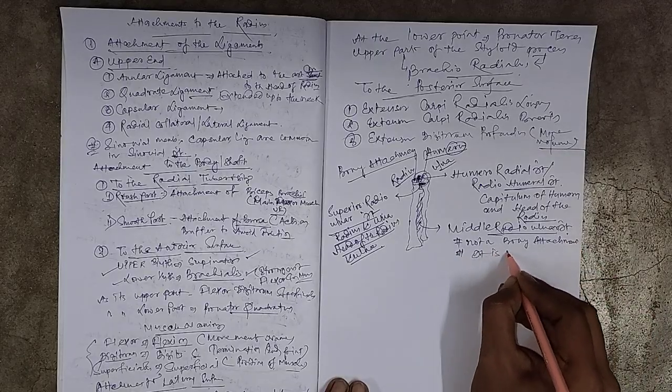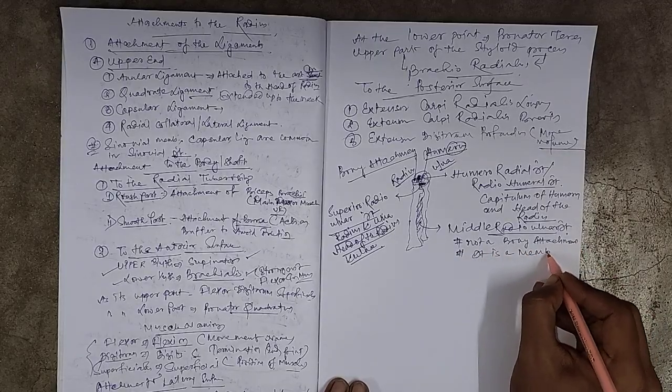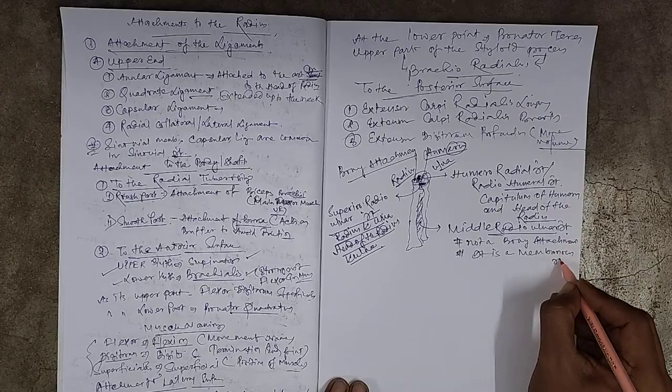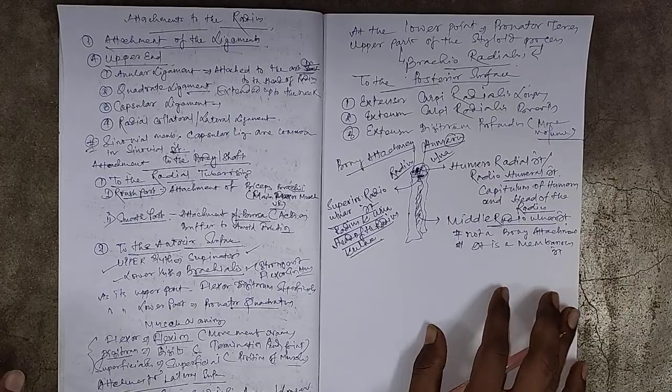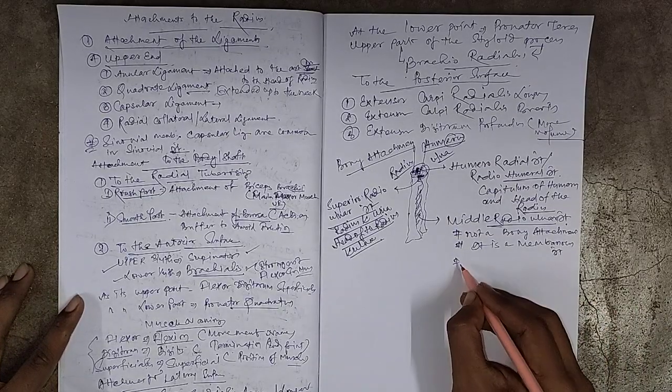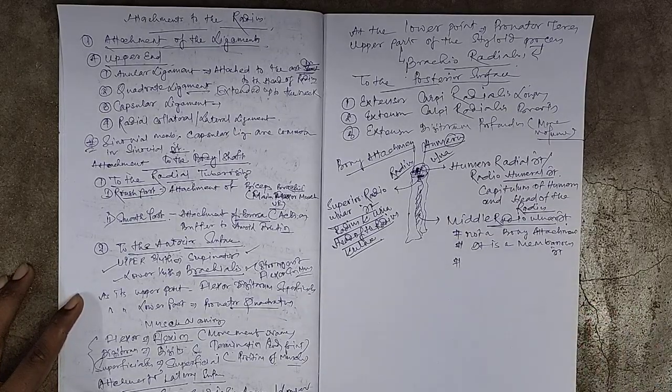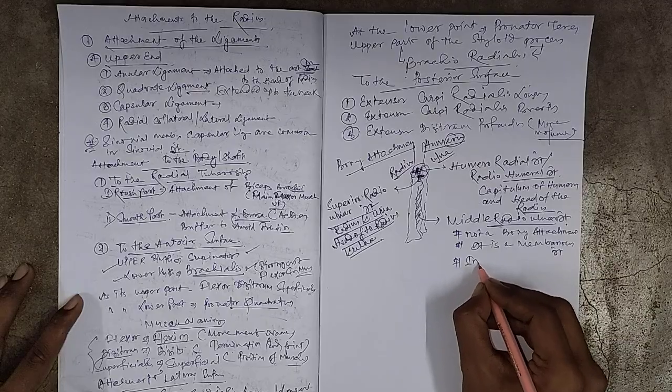The first point is that it is not a bony attachment. It is a membranous joint, and this joint is formed by the interosseous membrane.